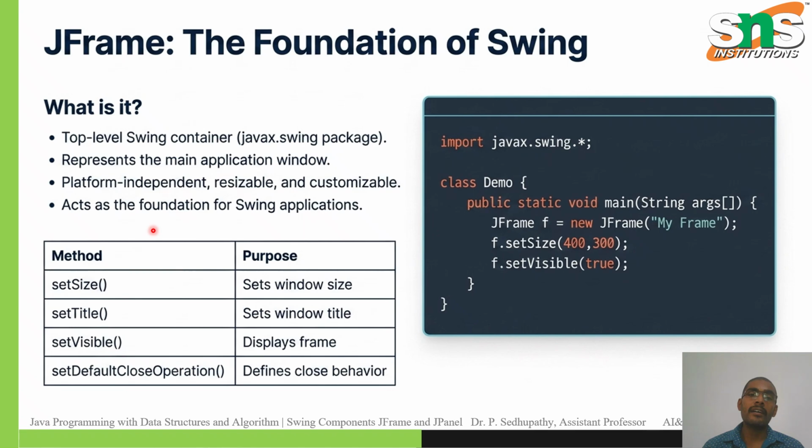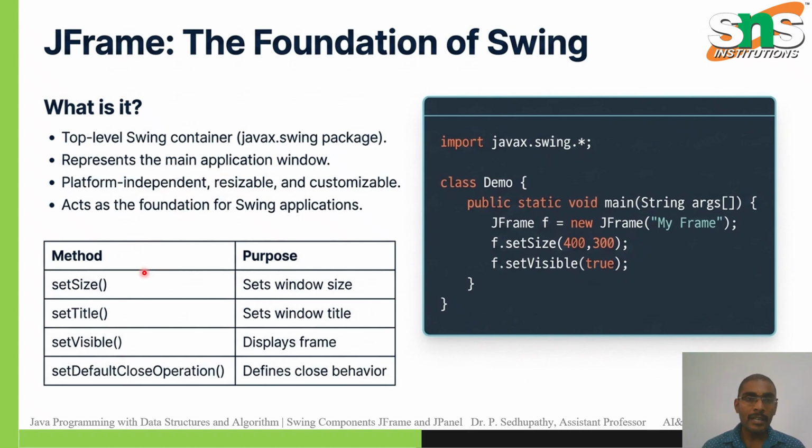Basically it is platform independent, as we discussed in the earlier videos, and I hope you know that Java is basically platform independent, and it is a resizable and customizable application. Java Swing is basically a foundation for Swing applications.